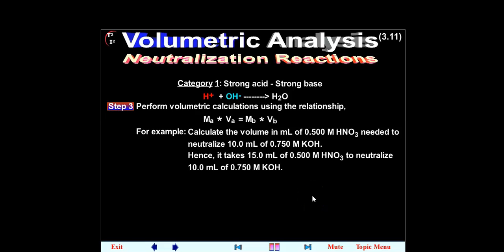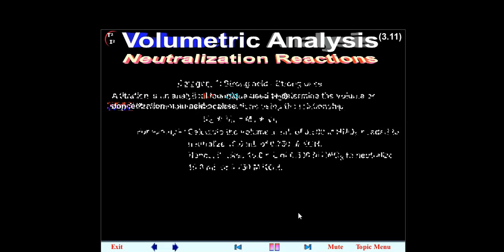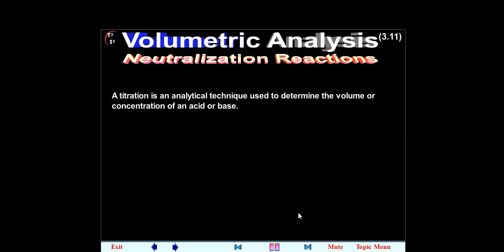Hence, it takes 15.0 milliliters of 0.500 molar HNO3 to neutralize 10.0 milliliters of 0.750 molar KOH.